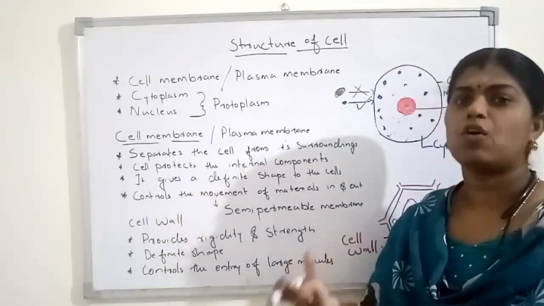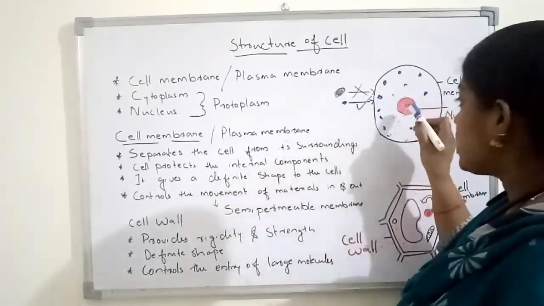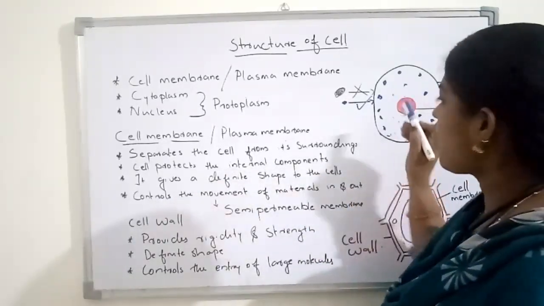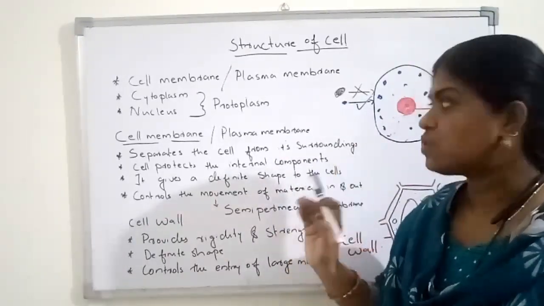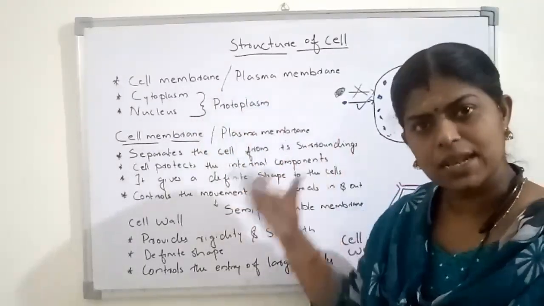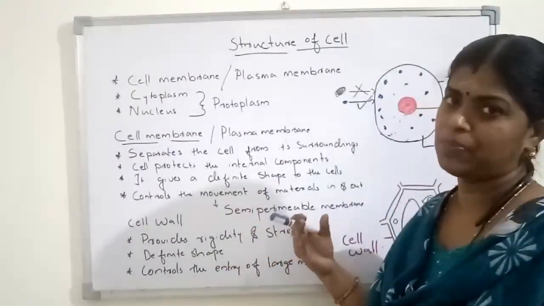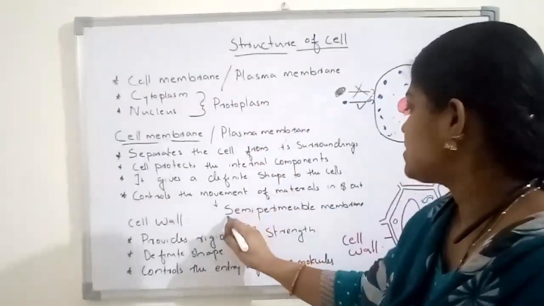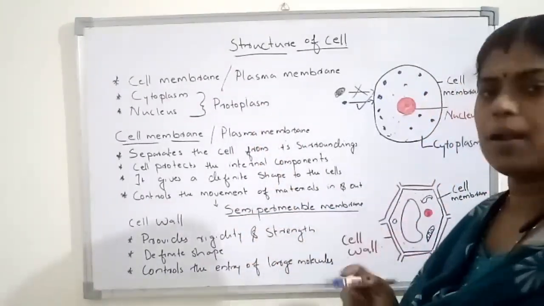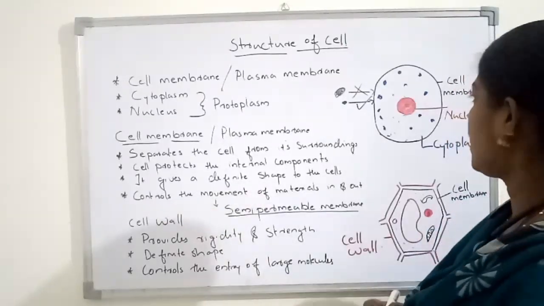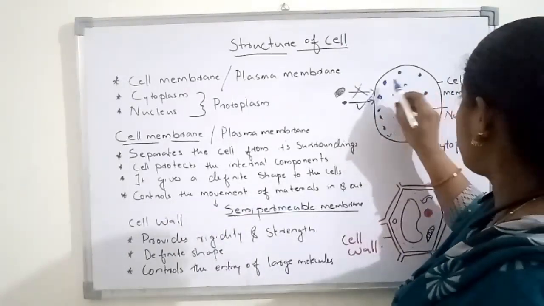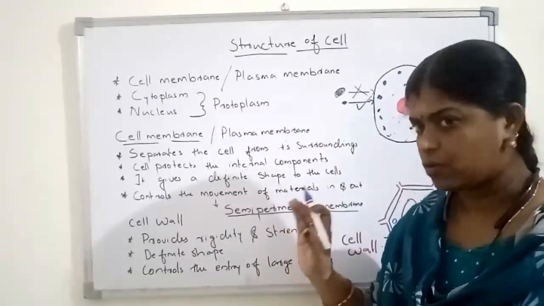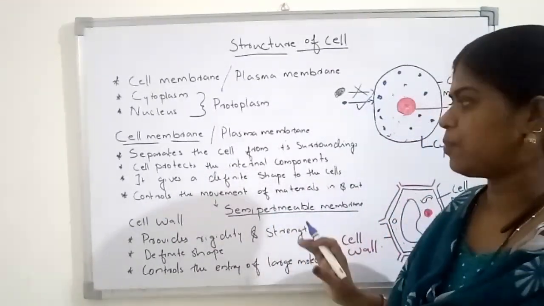Only a few kinds of materials can go inside the cell and only a few can go out, because the cell membrane selects what goes out and what comes in. That's why we call it a semi-permeable membrane. And I have told you this cell membrane is common for all cells. All cells have a cell membrane.